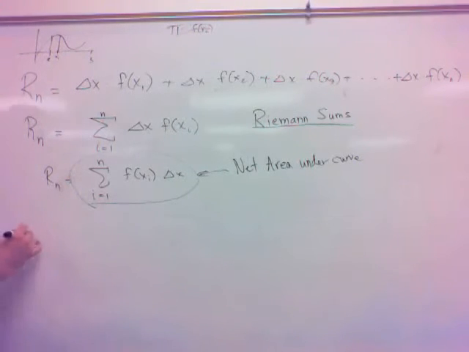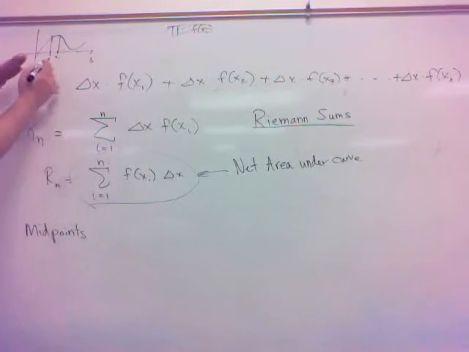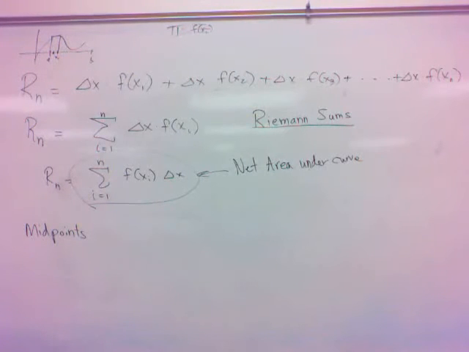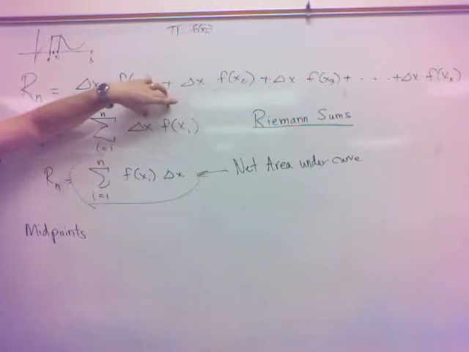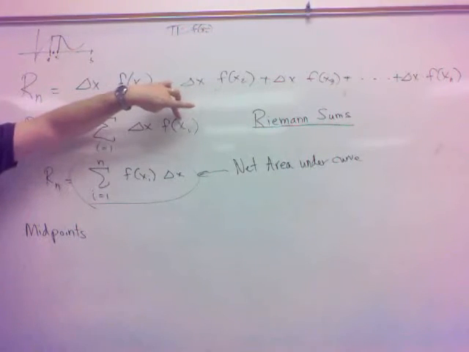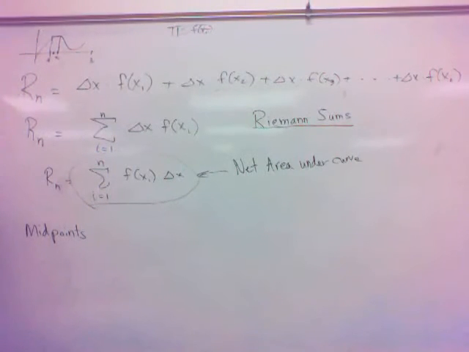Now, what if I use midpoints instead of right endpoints? If I use a midpoint instead of a right endpoint, what does that change? It changes the x value. Does delta x change? No. Delta x is staying the same. What changes is this value. Usually for midpoints they use a little bar over it. If you want the midpoint of something, you put a bar over it.